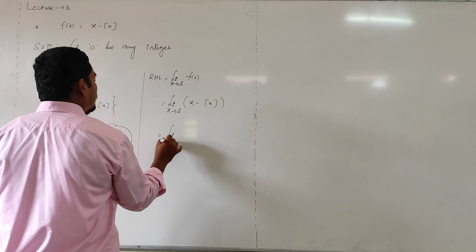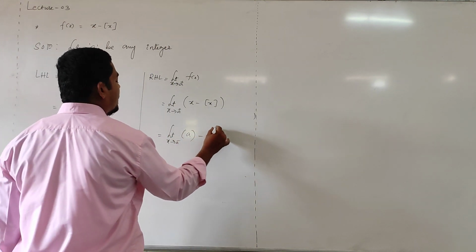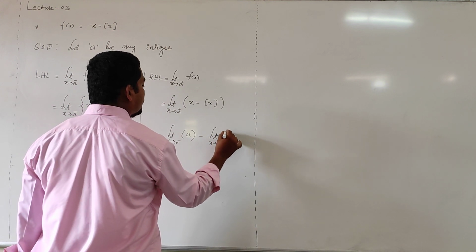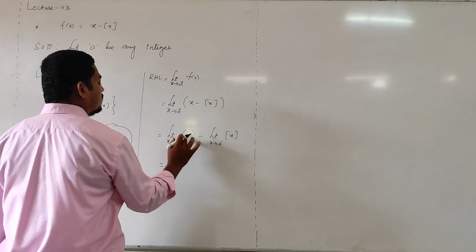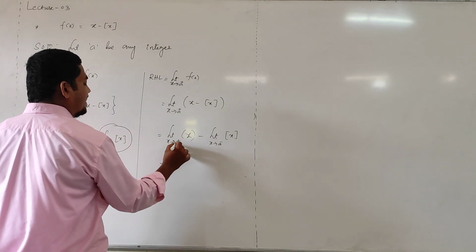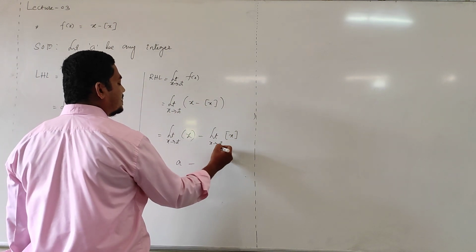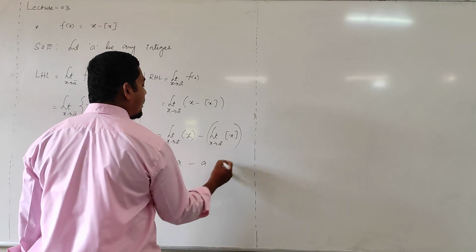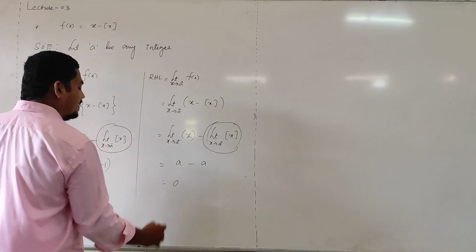Then limit as x tends to a plus of the first function minus limit as x tends to a plus of the second function, the greatest integer function [x]. Put the x value a here: a minus the limit of [x] as x tends to a plus, which you already know is a only. Then a minus a is 0.